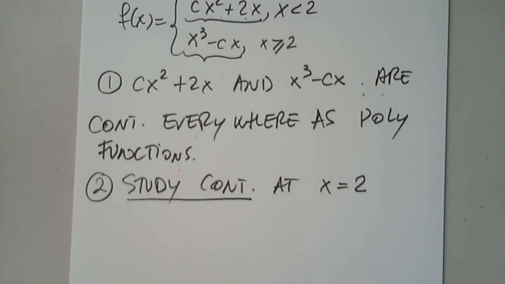What is the definition of continuity at a point? How do I start by writing the definition of continuity at the point?